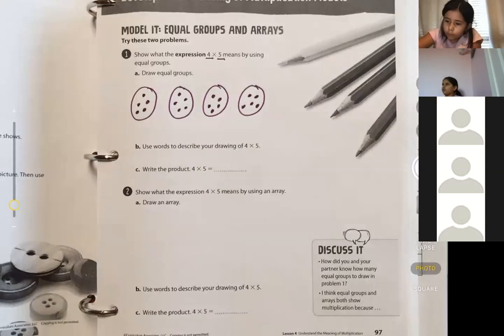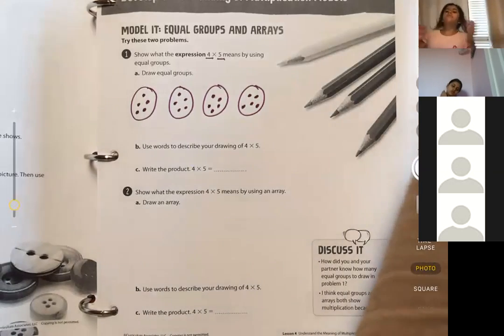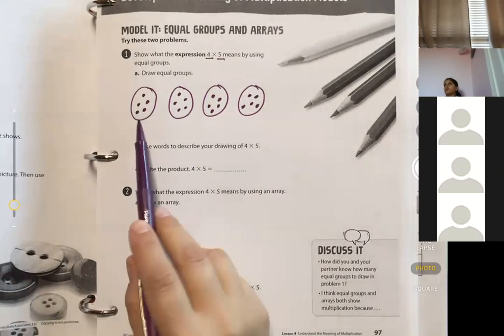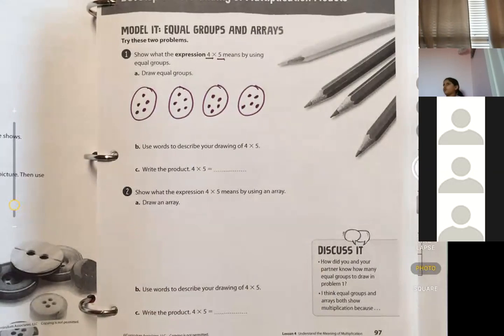I'll give you a minute to do that. Okay, so you should have 4 groups with 5 in each group, okay?